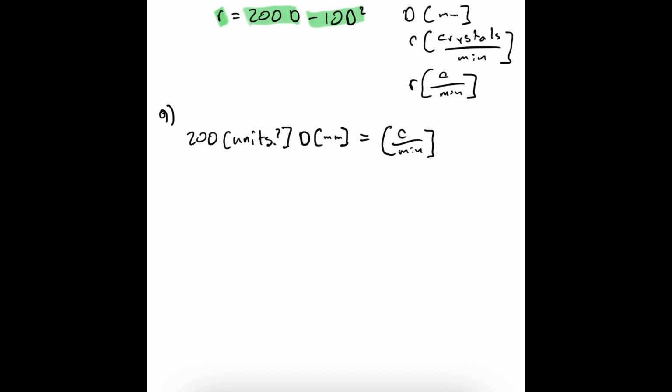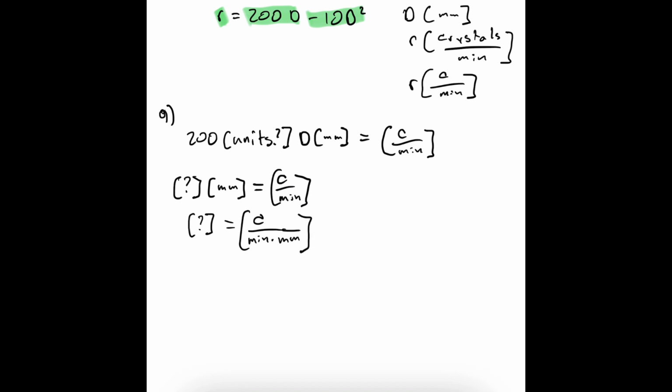So units of 200, we don't know what they are, times millimeters equals c over m. Now you can see that it's just a simple algebra problem. The units are c over minutes times millimeters, because you divide both sides by millimeters. So those are the units of 200.